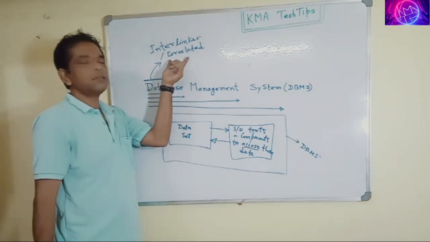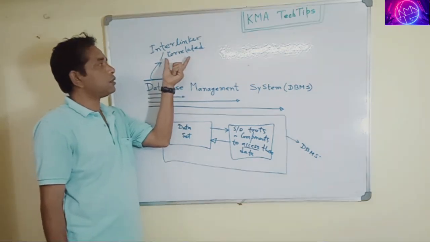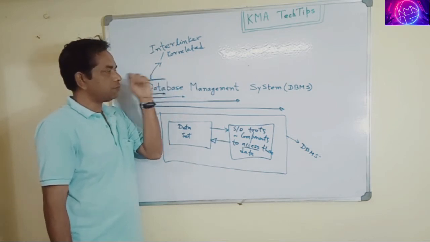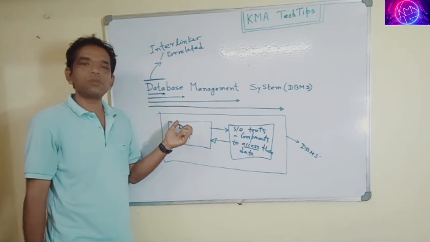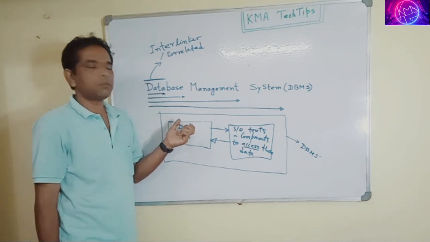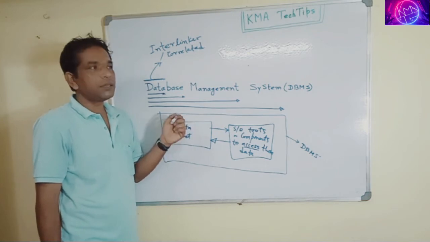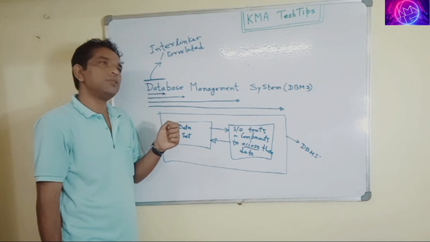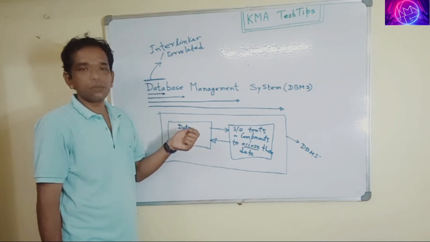And what does it mean by the term interlinked or interconnected? So it's very clear. Just imagine if you are trying to store the data of employees' salary within a particular table or relation, it's obvious that within that table you would not insert data which is not relevant to that issue.